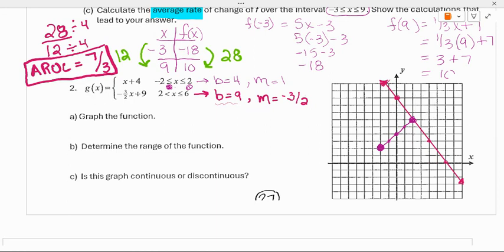My second function, g of x, equals -3/2 x plus 9. So this function has a domain that runs from +2 to +6. +2 is not included, open circle. +6 is included.